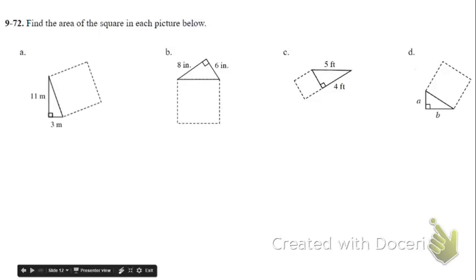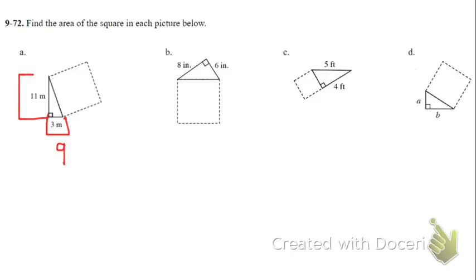Okay. Finally, you'll find the area of the square in each of these pictures below. Now, they started out with just the length, but once again, we need to know the areas, because it's the areas added together that are going to give us what we're looking for.